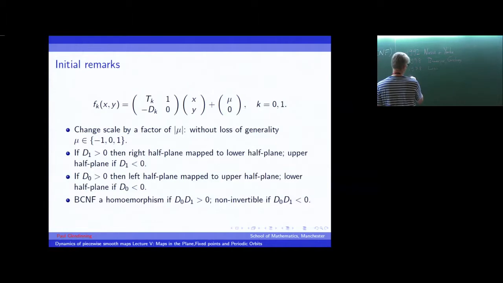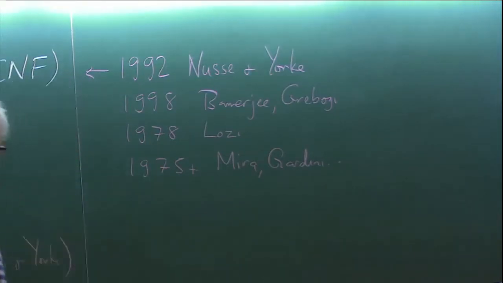So I think that was the mid-1970s, Mira and Laura Gardini, who still works in this area, were already looking at this sort of map as a generalization of the one-dimensional dynamics. And in the 80s, Misiurewicz and Lai-Sang Young were also working on these things.